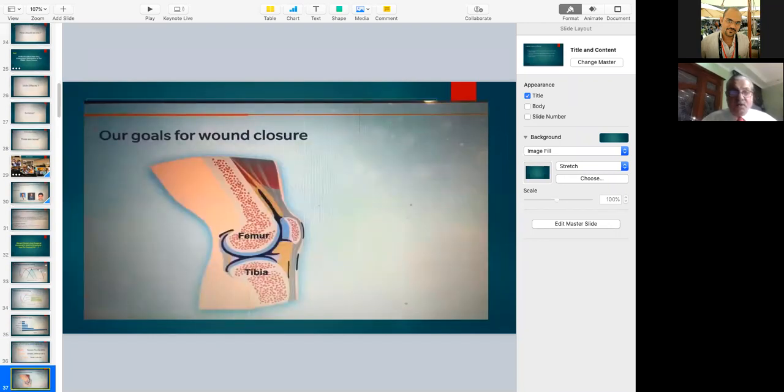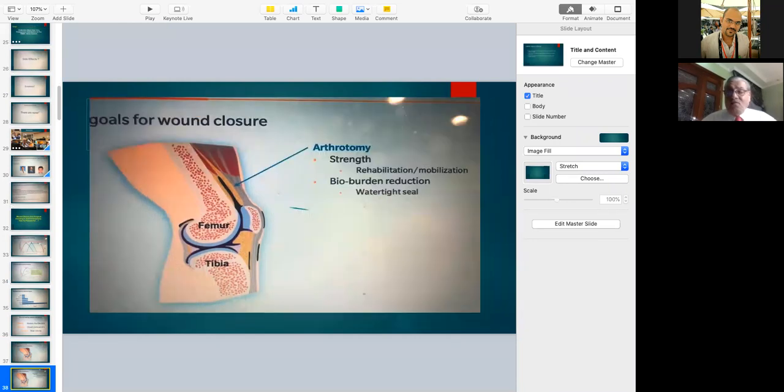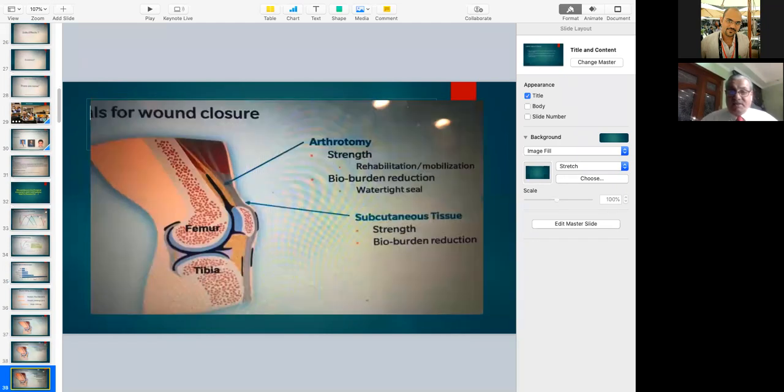What is our rule in closing every layer? What do we need when we go to knee arthroplasty? For the capsule and arthrotomy site, we need first a very strong suture, and we need bioburden reduction that stands all the inflammatory process to get a watertight seal. يعني مثل الحنفية اللي مسدودة كلش قوية.